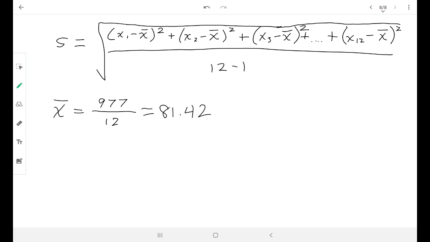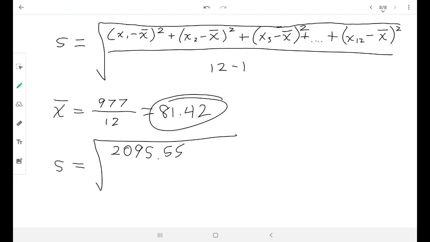And then when you do this, I'm going to add them all up for you, okay? And when you do all the addition, you get 2,095.55 when you subtract them minus this and square them. This is what you get over 11, okay?